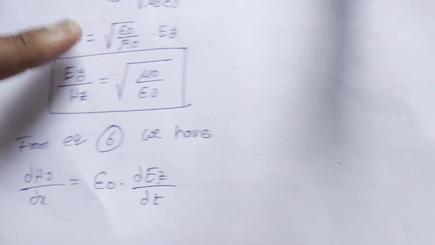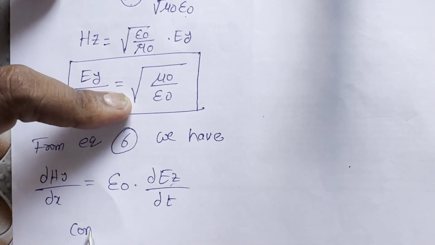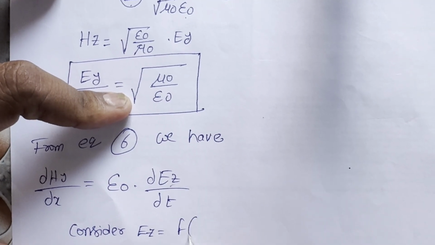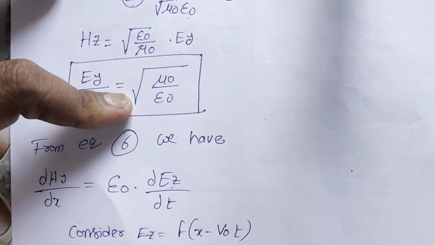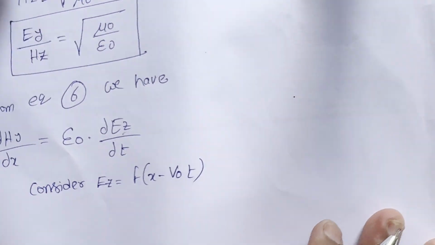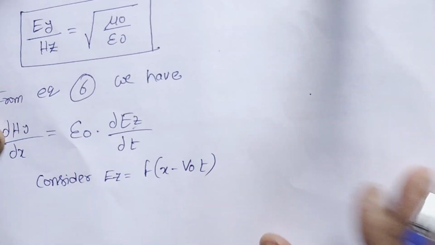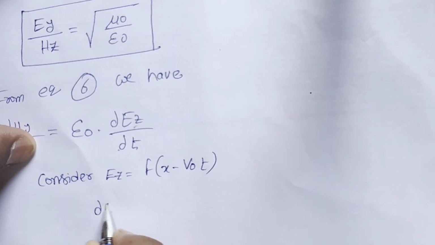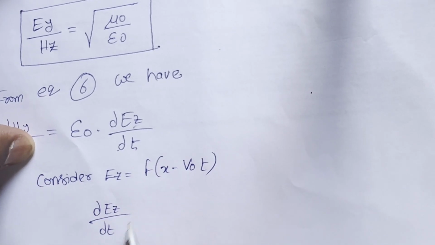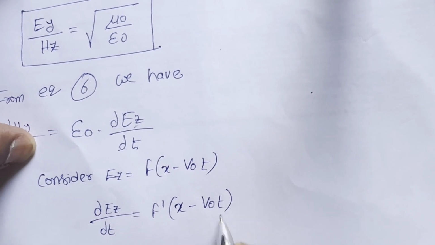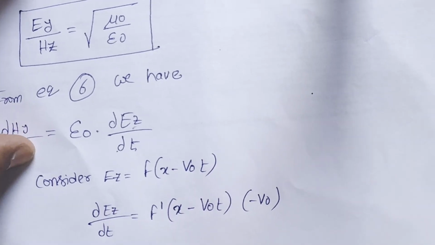Consider Ez equal to f(x - v₀t). That is Ez. Then we need ∂Ez/∂t, so perform partial differentiation. ∂Ez/∂t equals f'(x - v₀t) into -v₀.